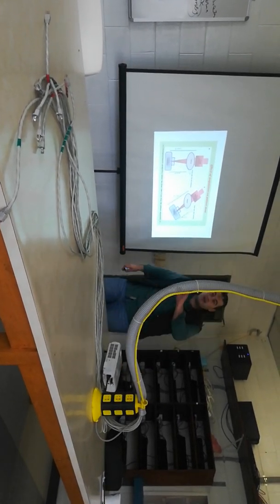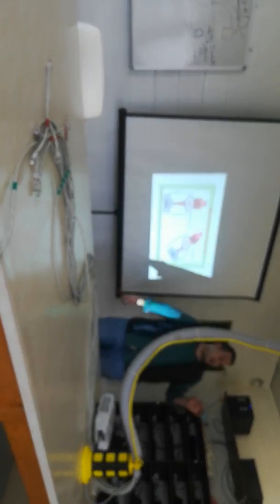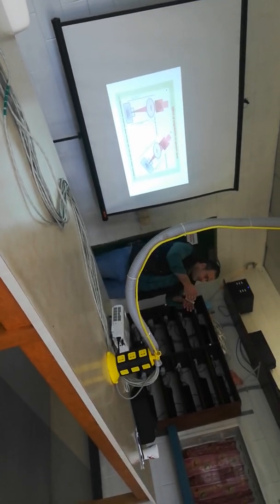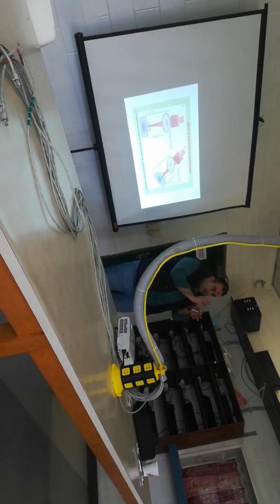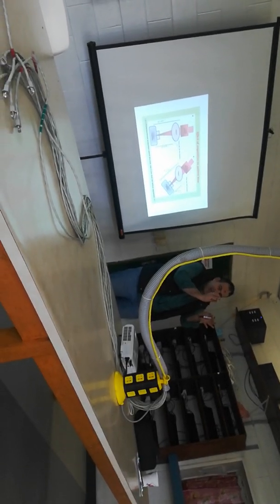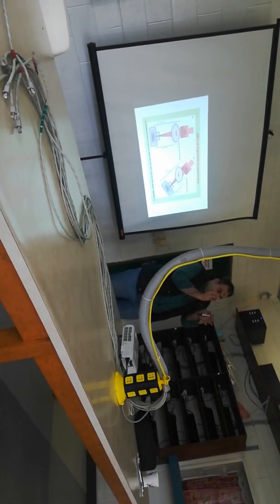So you have to take care of this point. And the very important point, you should not focus on a certain point. If you focus on a certain point, you have to angle the X-ray tube a little bit.